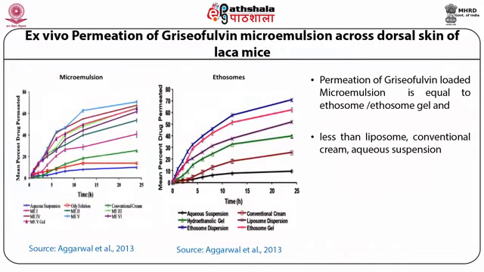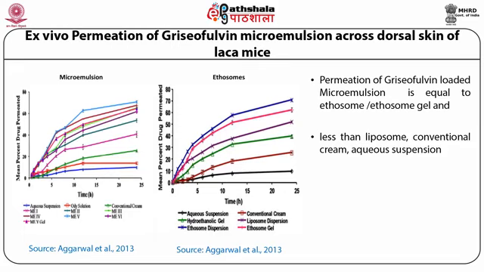And another example is Griseofulvin. When ex vivo permeation of Griseofulvin microemulsion across dorsal skin of laca mice was studied, the comparison between microemulsion and ethosome was conducted.